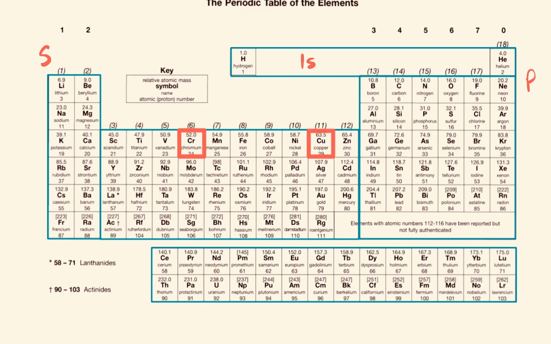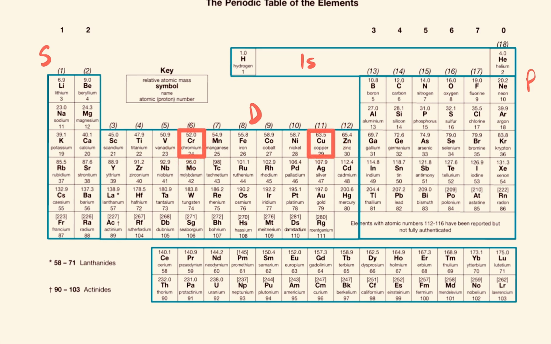And our last section are our d orbitals. Oddly enough, even though here we have 4s, this is 3d. So 3d, 4d, 5d, 6d. And we don't need to worry about this, but this is our F block. Hopefully examples will make this clear, and we'll talk about these as exceptions later on.